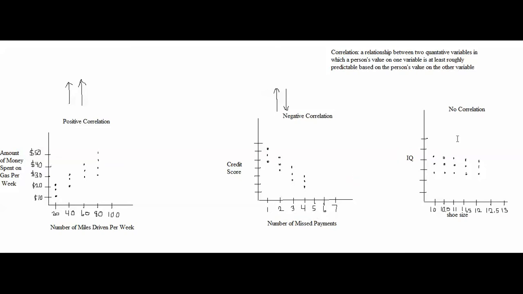But if two things are not correlated with each other, then it's not possible to predict a person's score on one variable based on their score on the other variable.